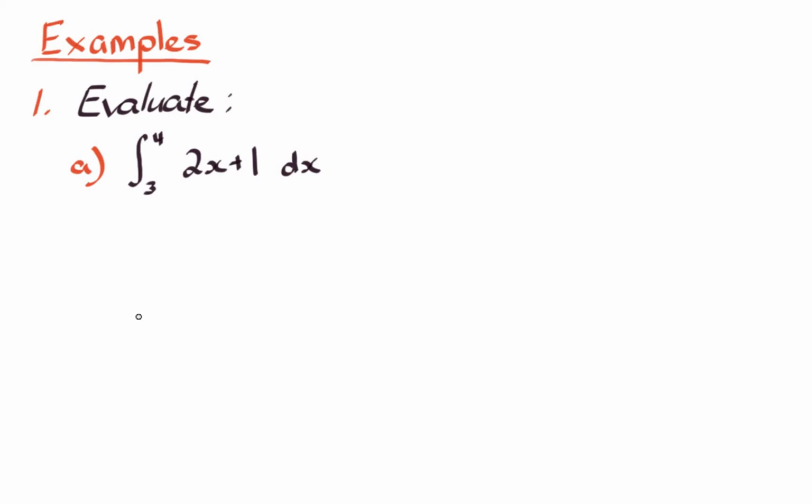Now before we do that, just a quick recap. Remember, we are finding the antiderivative, so we need to do the opposite process to differentiation. So we know for any x to the power of n that if we differentiate this, algebraically what we do is we bring the power out the front and then we drop the power by 1.